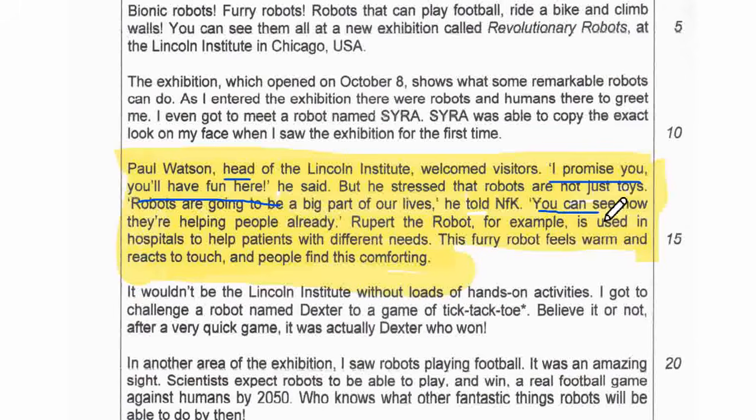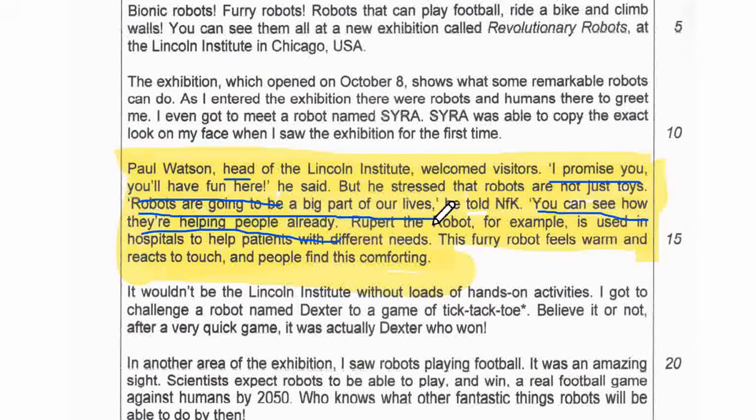And there's here, quotation marks: You can see how they are helping people already. And robots are going to be a big part of our lives. That will be direct speech.